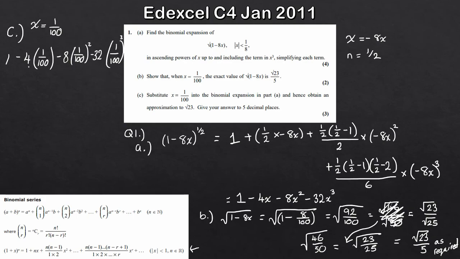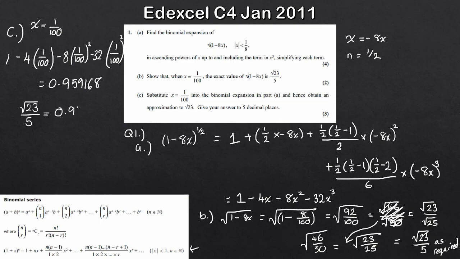Okay, so if you put all of this into your calculator correctly, what you will get here is that this is equal to 0.959168. Okay, so at this stage now, what we know is that the square root of 23 divided by 5 is equal to this expression here.